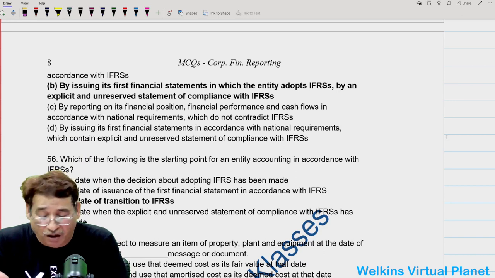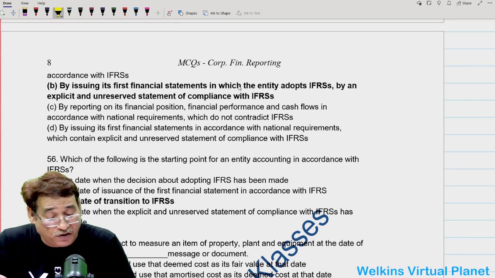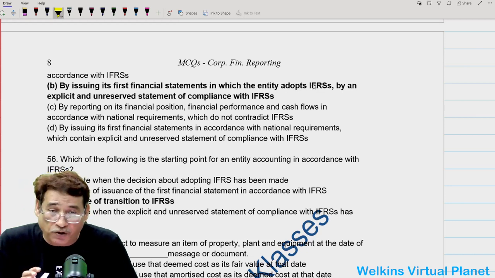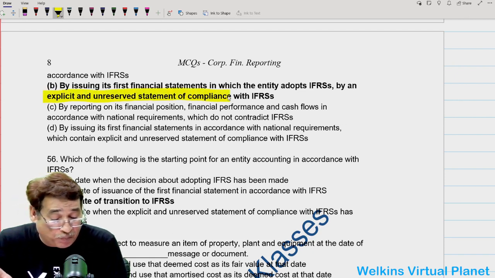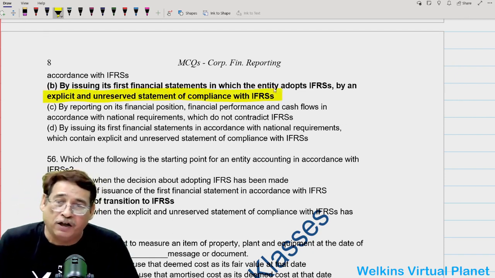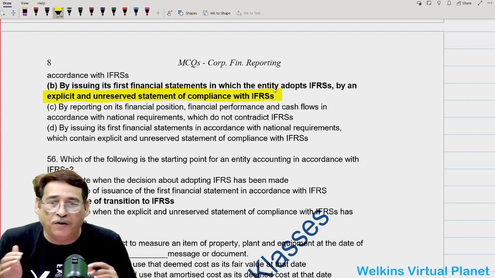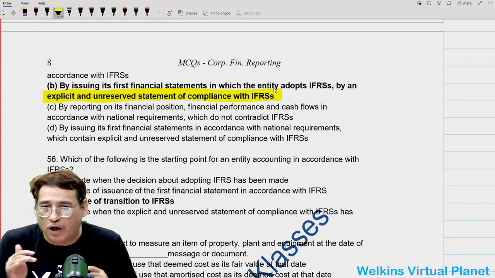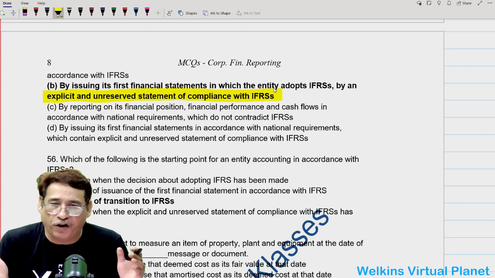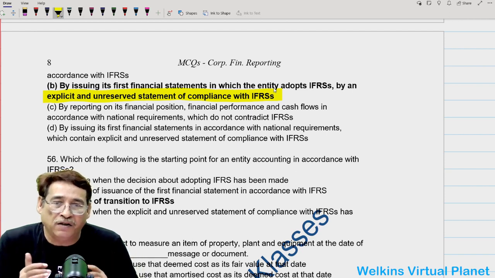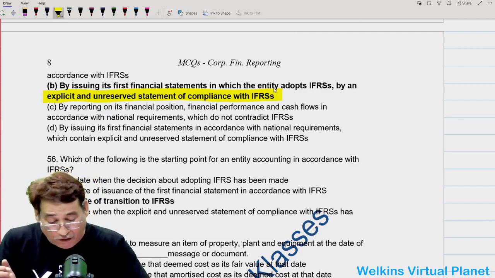If you have gone through Ind-AS 1, you must have gone through this statement: by issuing its first financial statement, in which the entity adopts Ind-AS or IFRS by an explicit and unreserved statement of compliance with IFRS or Ind-AS. An entity needs to give an explicit, clear, unreserved statement. Unreserved means without any reservation, absolutely free of pressure. So a clear and unreserved statement needs to be given with respect to compliance with Ind-AS.